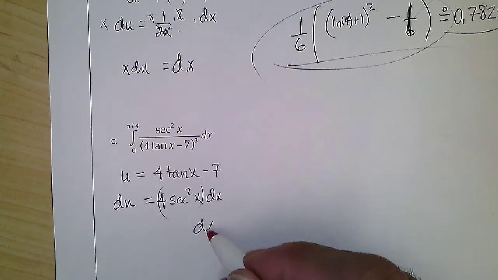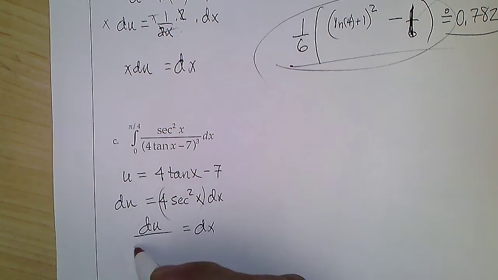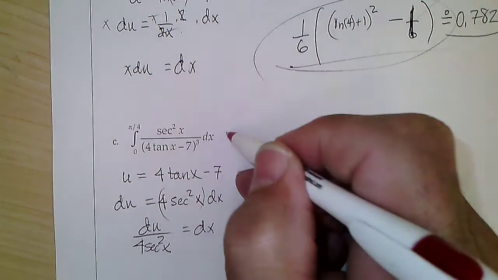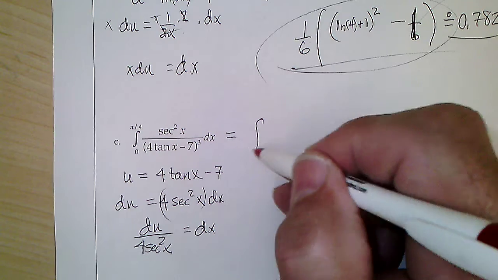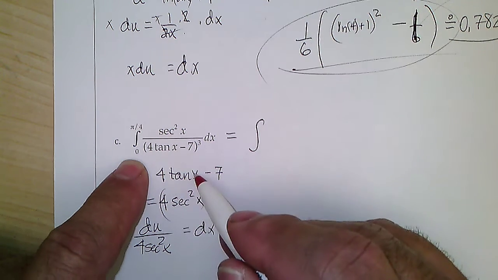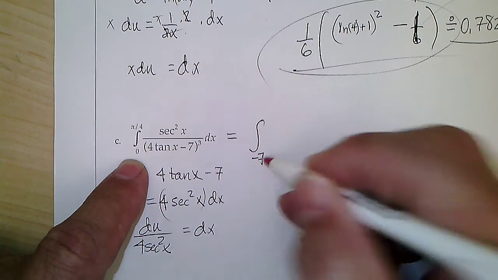So dx would be replaced by du over 4 secant squared x. So this becomes the integral. If I put in 0, tangent of 0 is 0, times 4 is 0, minus 7 is negative 7.